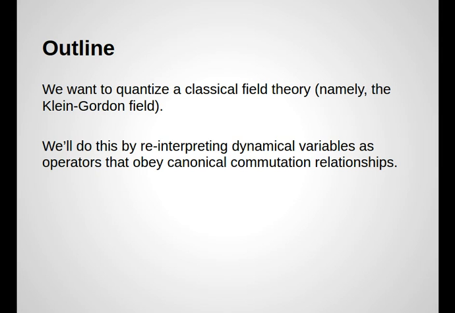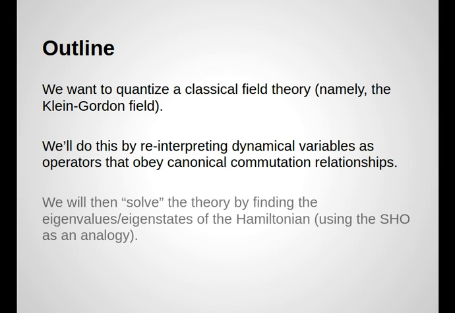Then impose some type of canonical commutation relations. And then we'll try to solve the theory, in other words, obtain the eigenvalues and eigenstates of the Hamiltonian. We're going to do this somewhat rigorously, but a lot of it is going to be based on the analogy of the simple harmonic oscillator.